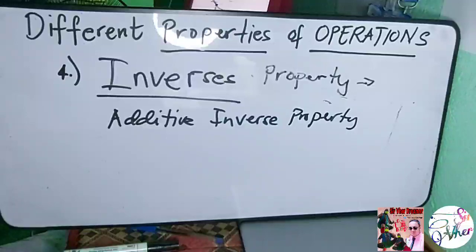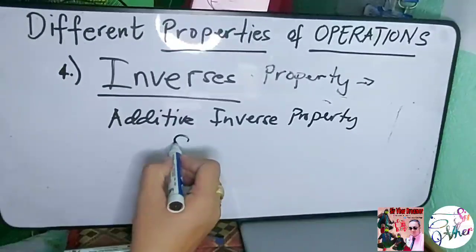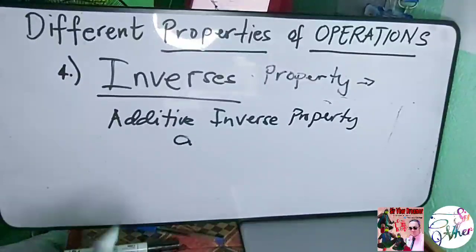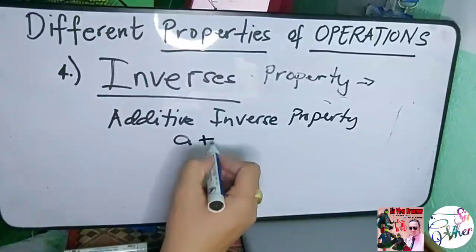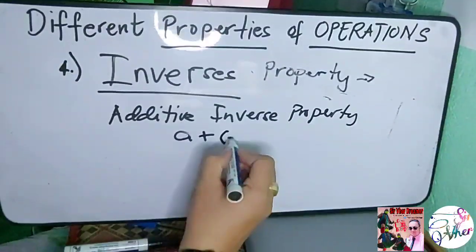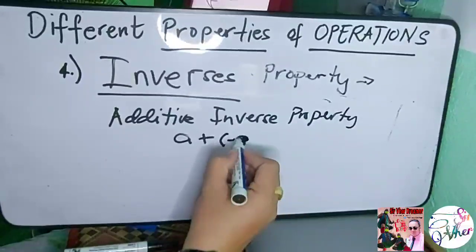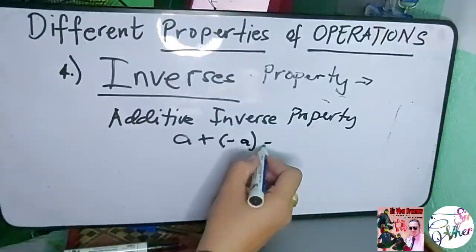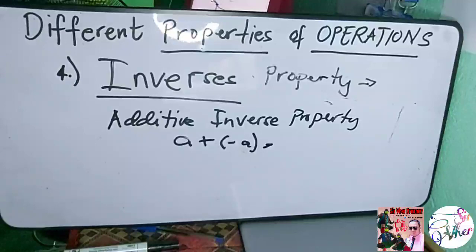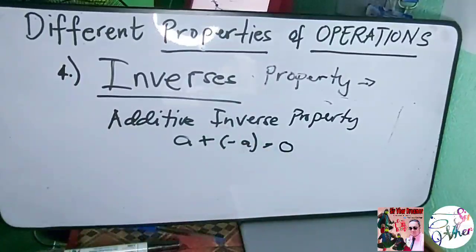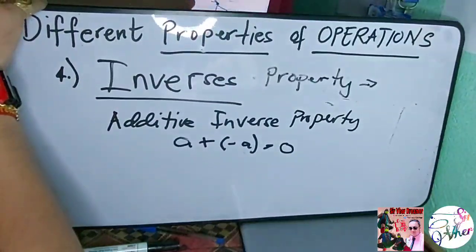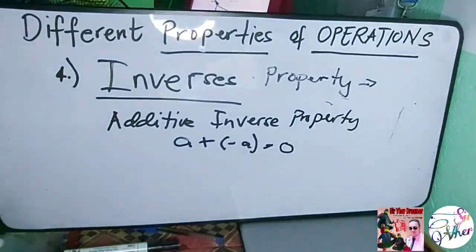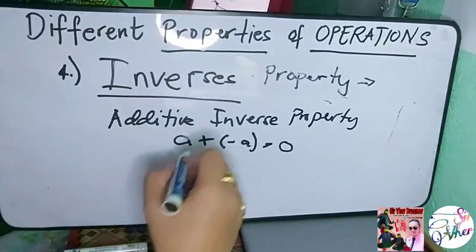So A plus the additive inverse of A, negative A. The answer is always 0. The sum of a number and its opposite is 0. So this is what we call the additive inverse property.